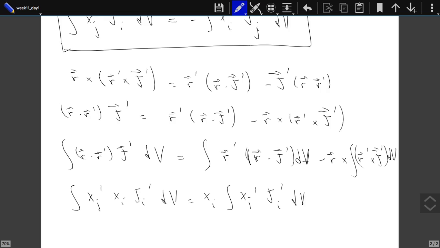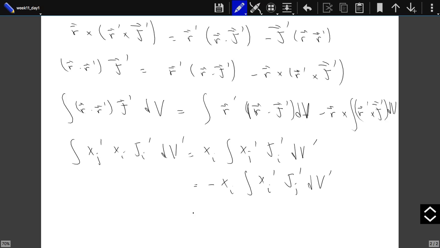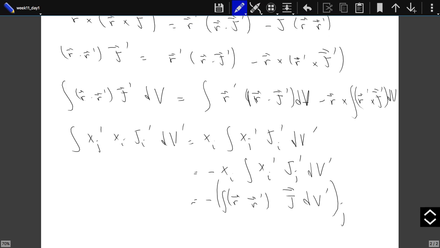I can exchange i and j with a minus sign. This is equal to minus x_i prime j_j prime dv prime. But this is nothing but minus r dot r prime j dv prime, the j component.